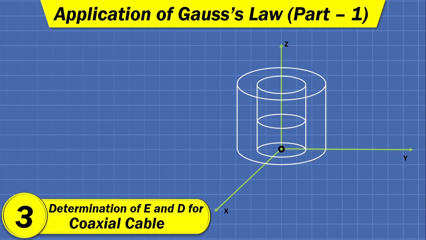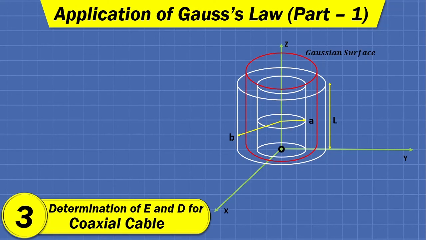So we are having ultimately two conducting surfaces or two conductors. Here we have taken inner conductor radius as A and outer conductor radius as small b, and the length of our cable is capital L. Fine. And we need to find the field intensity and flux density due to this coaxial cable. So let us start the discussion.